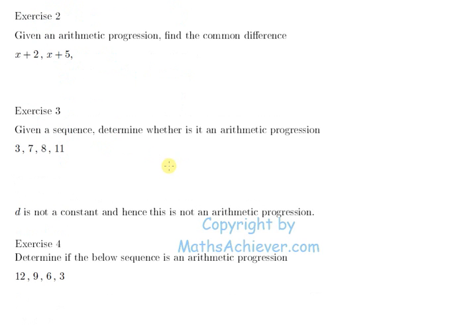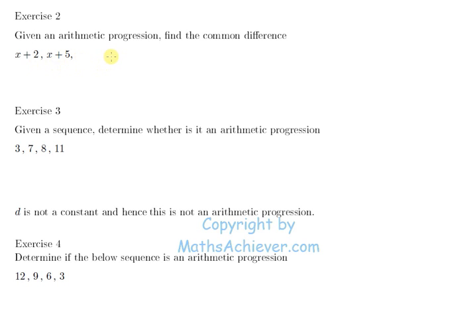Let's take a look at another exercise. Given an arithmetic progression, find the common difference. We are given two numbers in this arithmetic progression, x plus 2 and x plus 5.